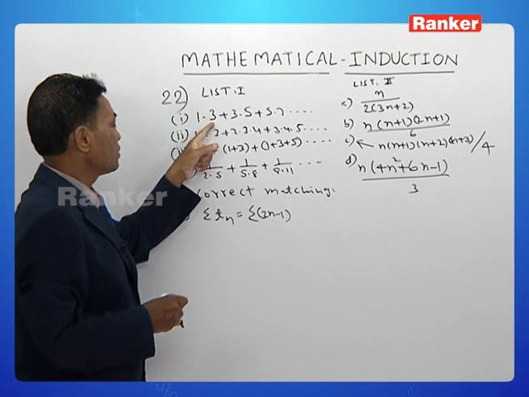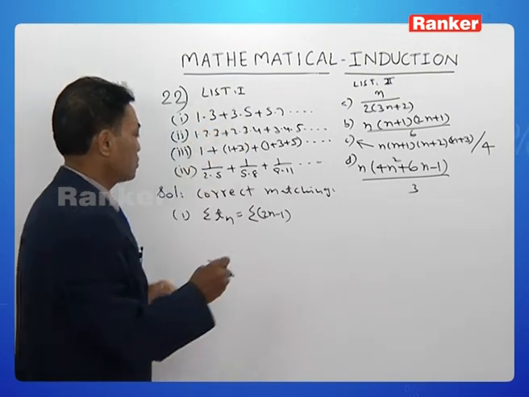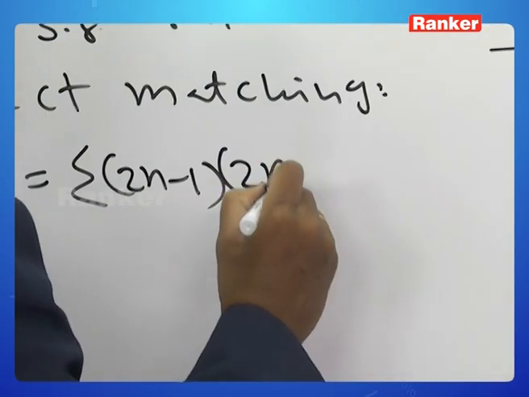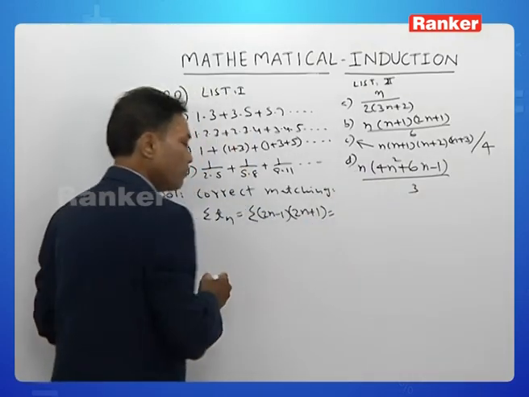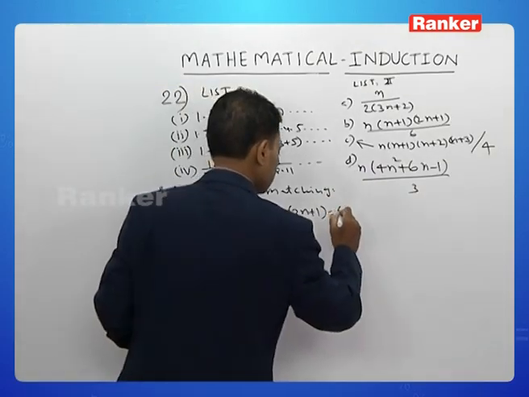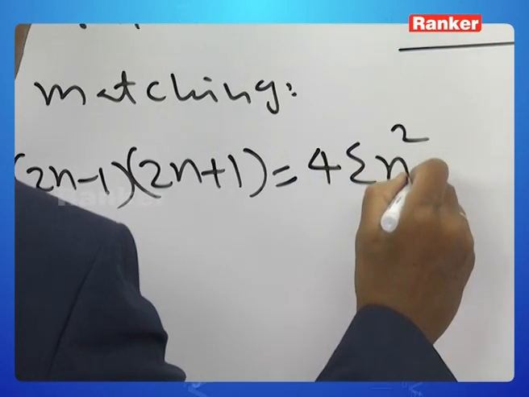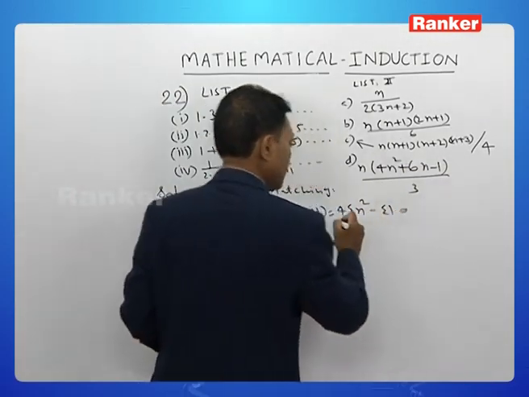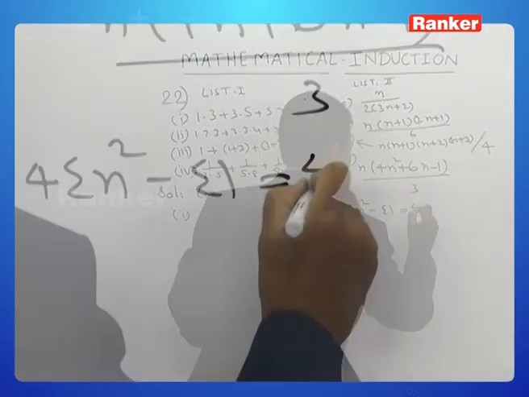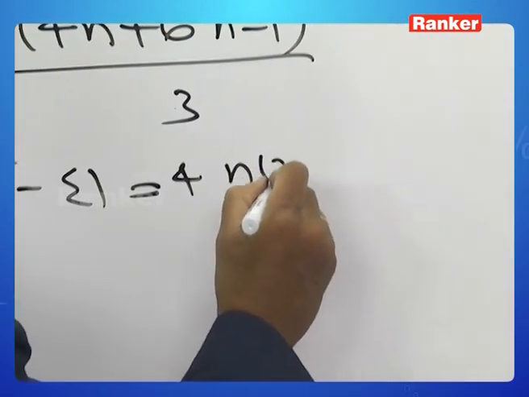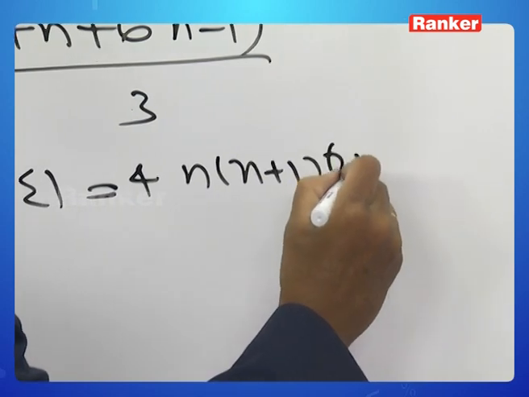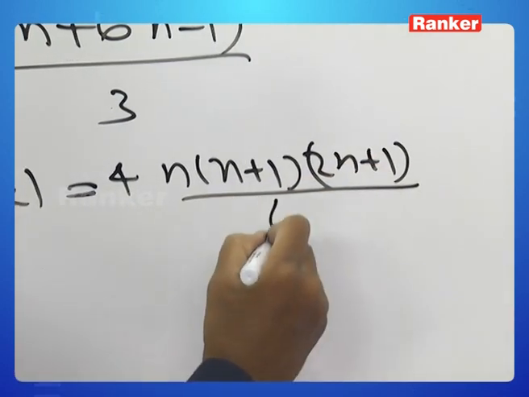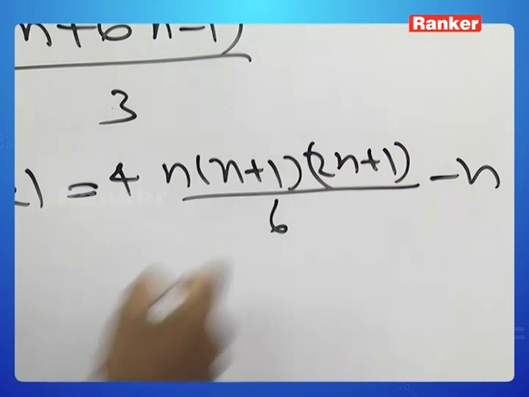When you put n is equal to 1, 3; n is equal to 2, 5. So it is nothing but 4n square minus 1. So 4 into sigma n square, 4 into n into n plus 1 into 2n plus 1 by 6, minus n.